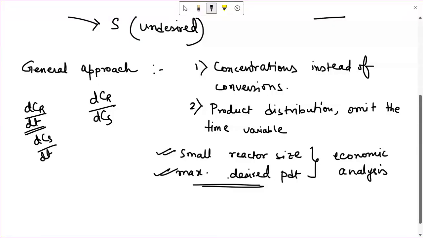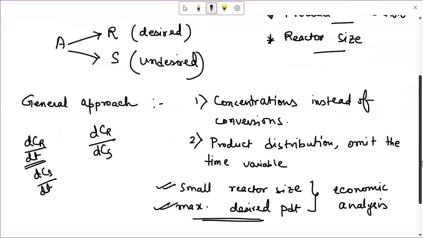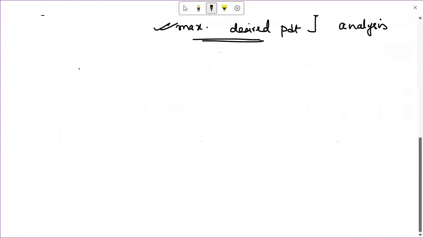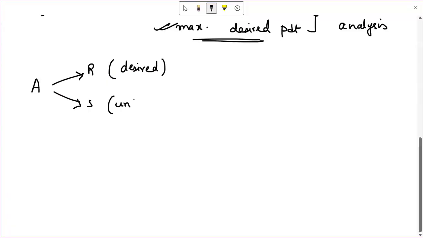Now, coming to explaining how we do this general approach with the example that I discussed. Let me write it down again. A gives R and S, out of which R is the desired product and S is the undesired product. The rate constants are K1 and K2 for these two different reactions.